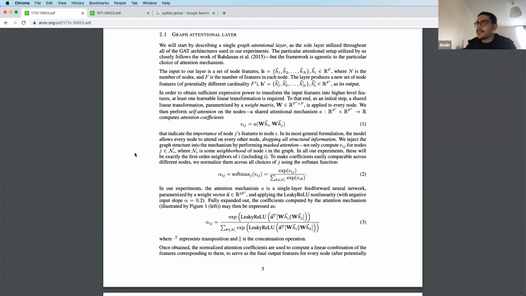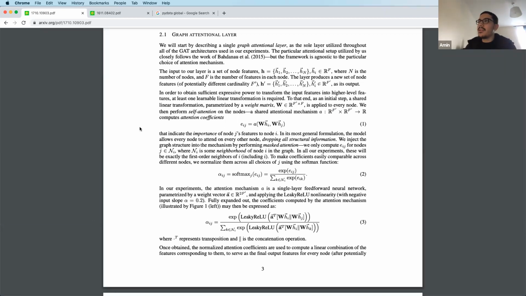Okay, so each node of the graph has a feature vector, and the goal is we want to apply self-attention to the nodes on the network. And so what actually happens is, first of all, the feature vectors for each node are linearly transformed to the desired output dimension of the layer.